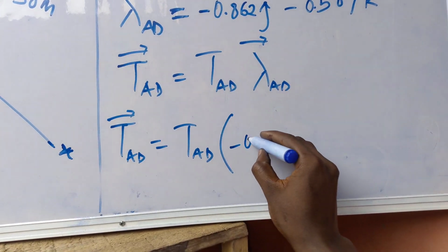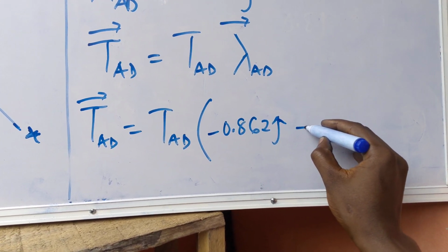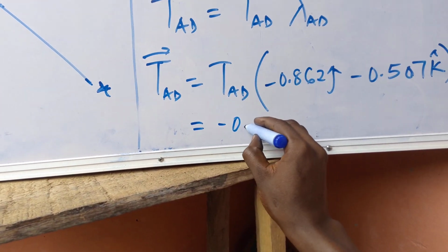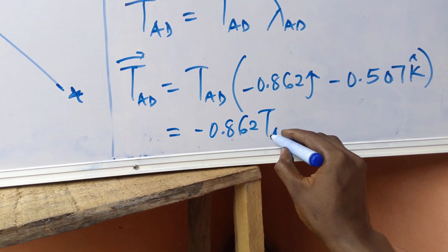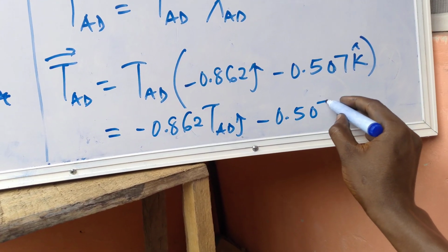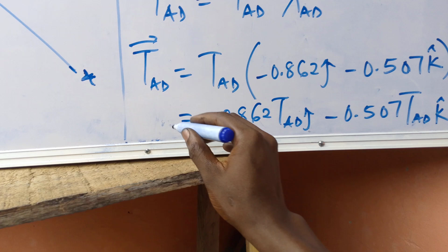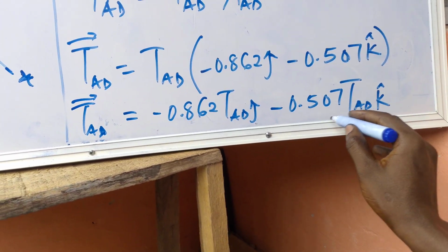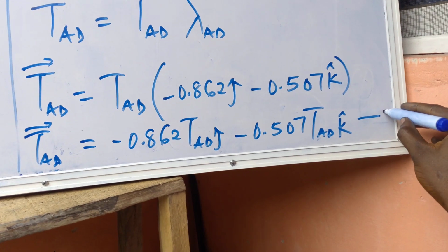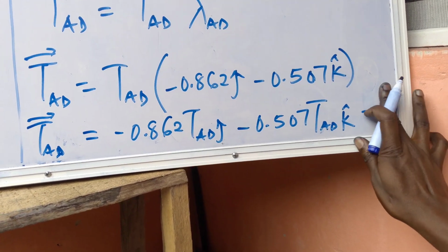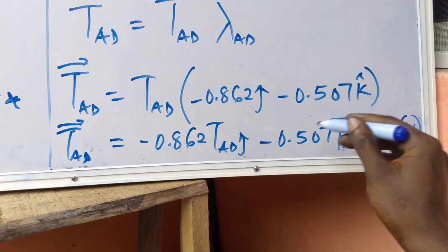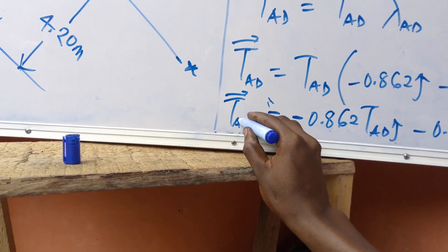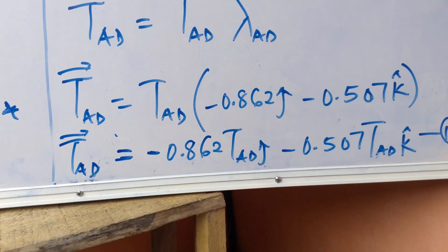Put the value of lambda AD there, minus 0.862 J minus 0.507 K. If I expand that, I have minus 0.862 TAD J minus 0.507 TAD K. This is the vector force TAD, which I can call equation 4.